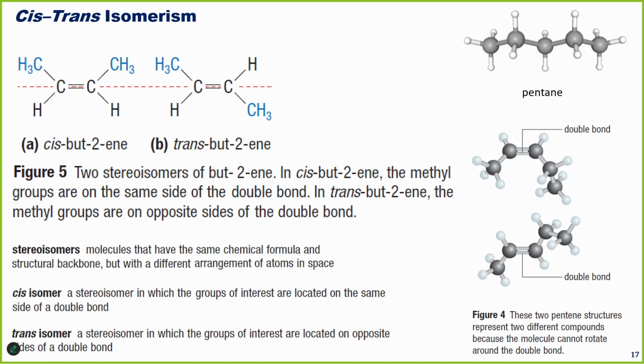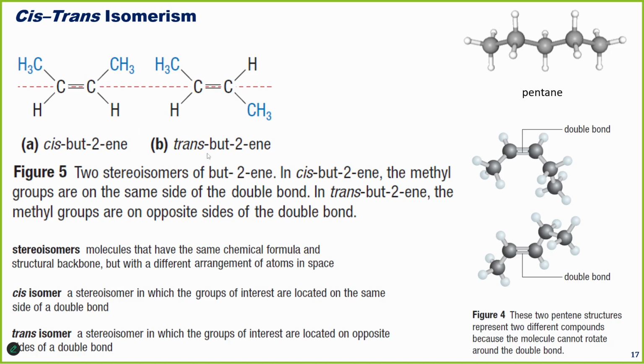And in this course, we'll use the terms cis and trans to describe the positions of the parts of a molecule around the double bond. A cis isomer has matching alkyl groups located on the same side of the double bond, whereas the trans isomer has the groups located on opposite sides of the double bond, which is shown here in figure 5.